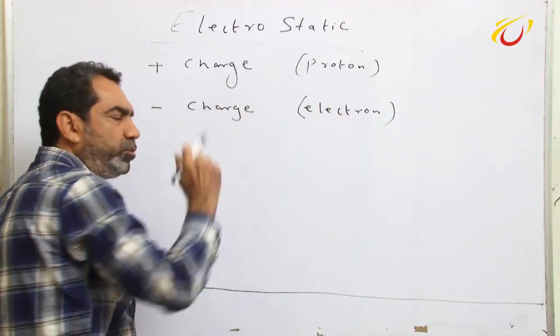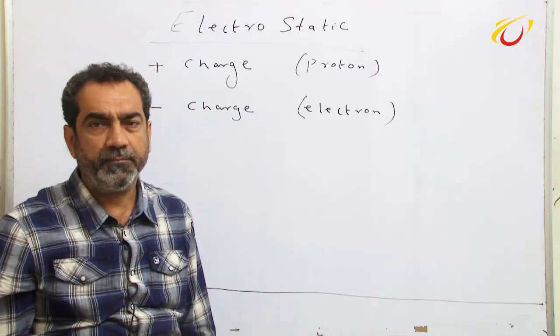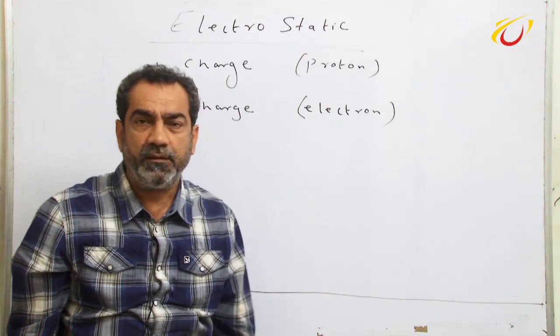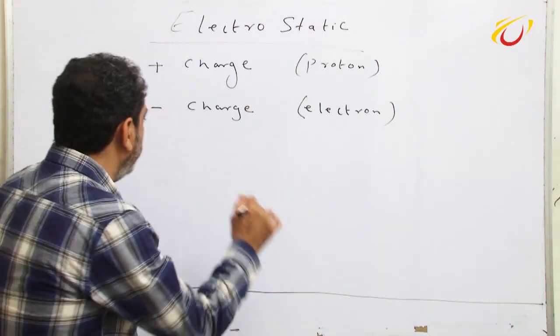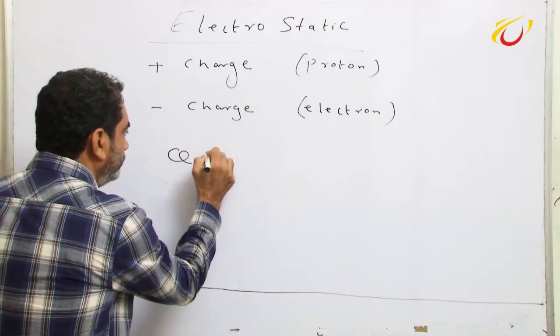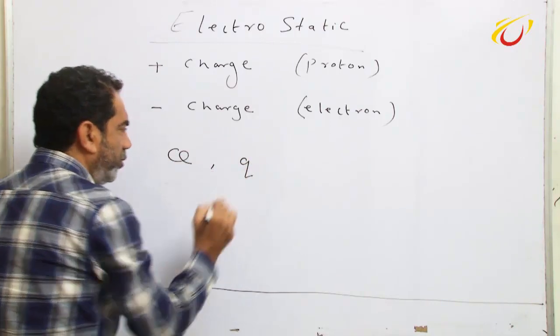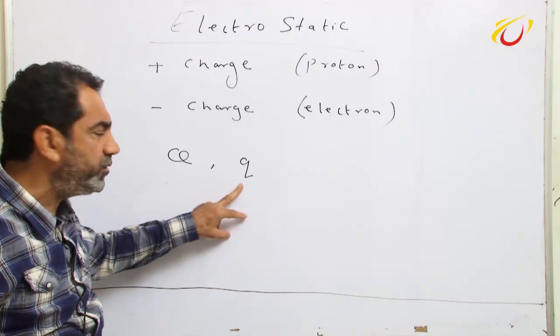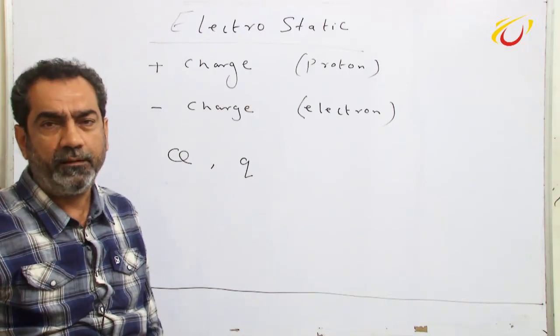These are mainly two charges which we have to talk about. Proton is positively charged, electron is negatively charged. Generally, charge will be denoted either by small q or capital Q, no problem.